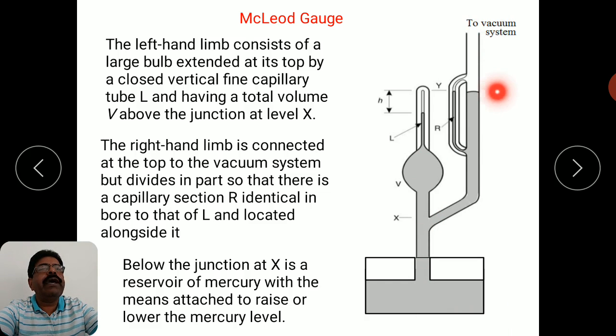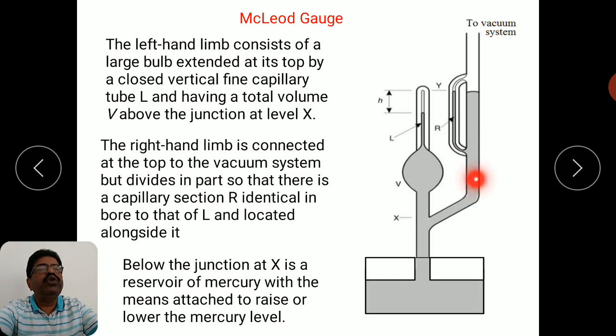Whatever gas is present in the vacuum chamber will enter these tubes, both the left limb and the right limb. So the gas will be present here before applying pressure to the mercury. Mercury has not risen in these two limbs.